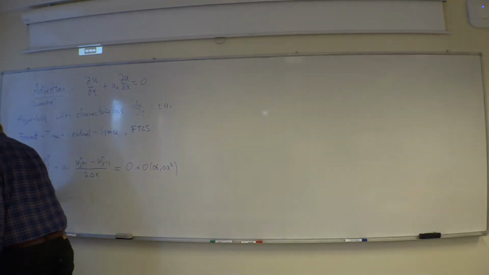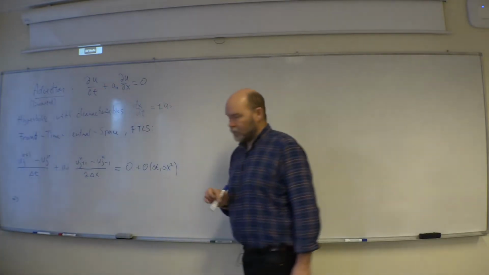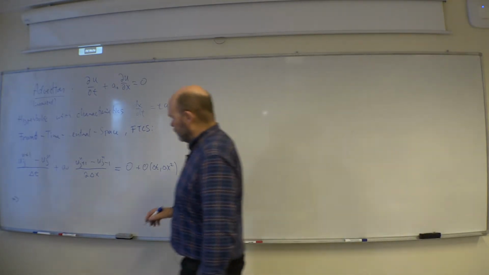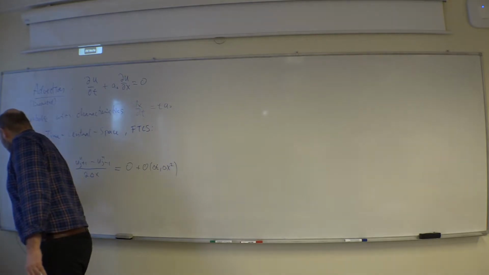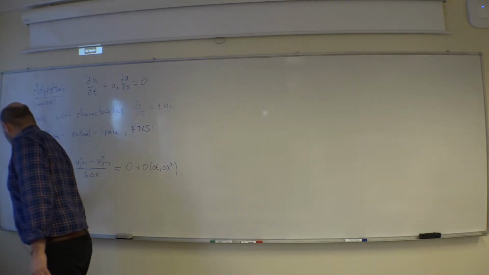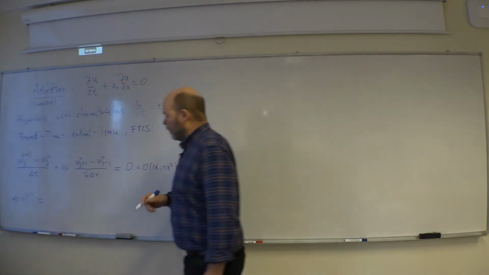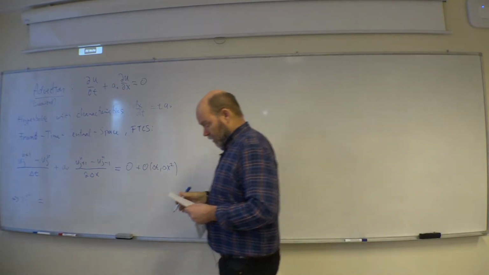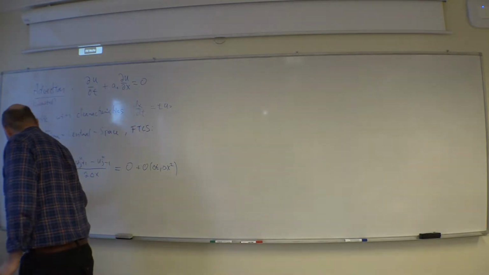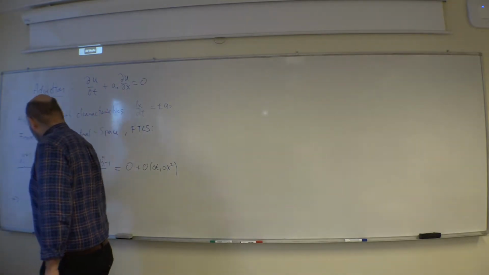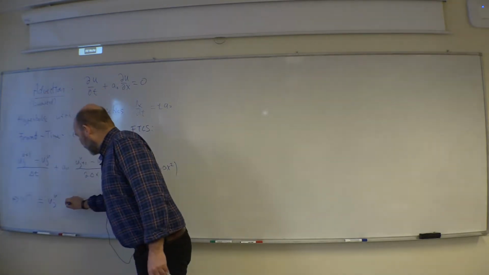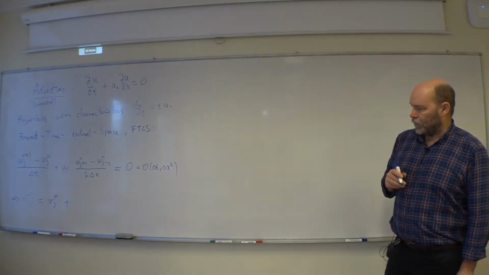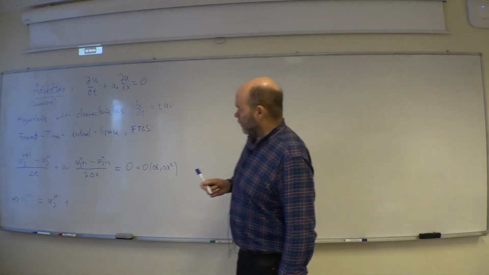If we now write it on the form you are going to program, then you'll say I have my unknown to the left, that is u_j^(n+1), and then you throw everything else on the other side. What do you get? Well, you will have 1 times u_j at time level n, and then you will have a constant multiplied with the 2 other guys.